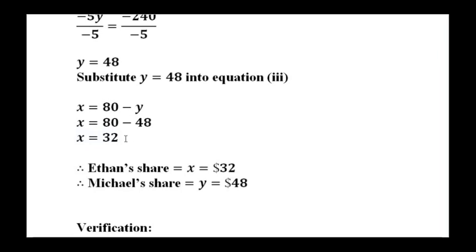Finding the values of the variables x and y means that we have found the shares of Ethan and Michael. Therefore, Ethan's share, which we have assumed as x, is $32, and Michael's share, which we assumed as y, is $48.